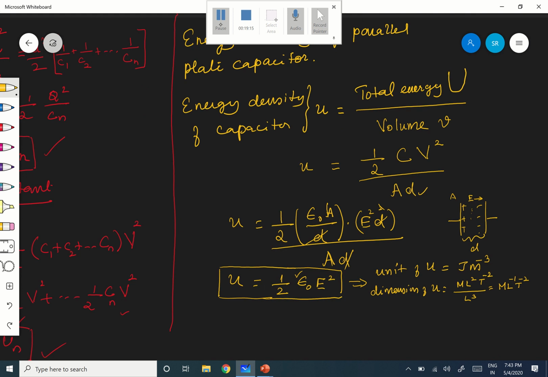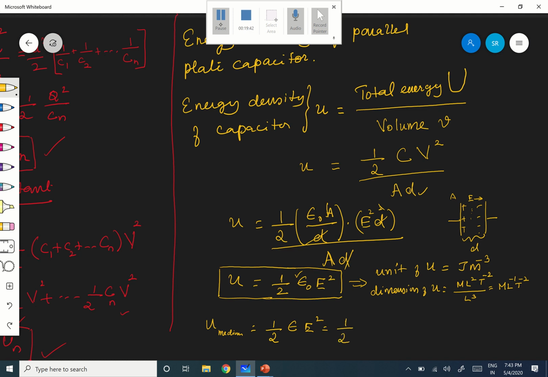When there is no medium, with vacuum or air between the plates, this is the case. What is the energy density of a parallel plate capacitor with some medium inside? That is half epsilon E squared.